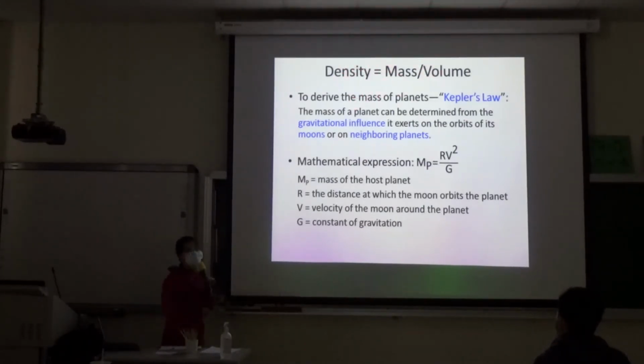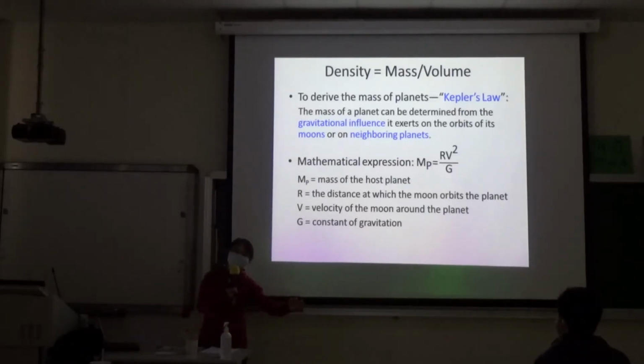But you also need to know the mass. How can you measure the mass of something bigger than you? Okay. Then what Ray was talking about is Kepler's law, which says the mass of a planet can be determined from the gravitational influence it exerts on the orbits of its moon or on neighboring planets. Which means if, like Saturn, we know it's very large, and it has a moon next to it, then the movement of the moon is affected by Saturn.